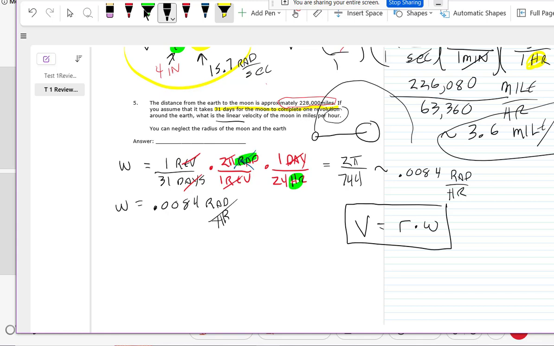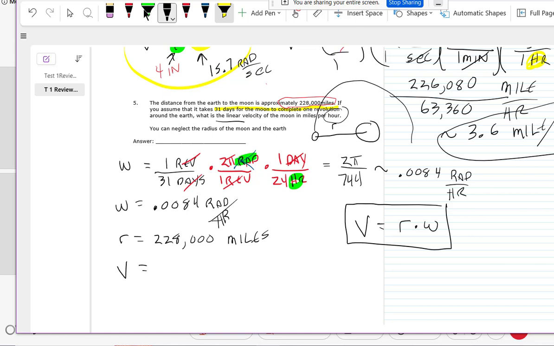The moon is revolving around the Earth, so the radius is the distance between them. We're simplifying: neglect the radius of the moon and the Earth, don't worry about that. So the radius is equal to 228,000 miles. Now we're ready to put this problem together.